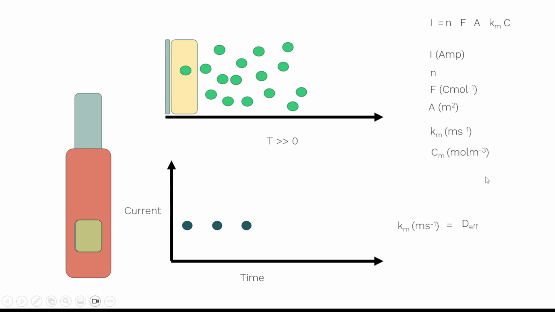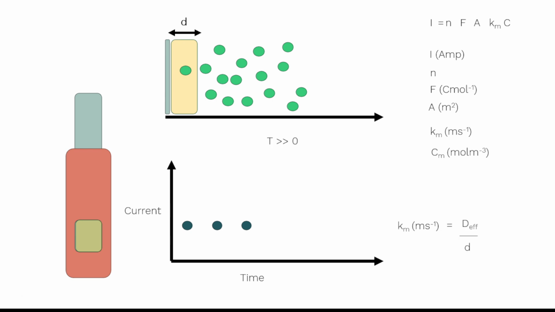It means the effective diffusion of my molecule through that membrane divided by the thickness of that membrane. So now you can understand you've got a handle on Km. D here is the thickness of the membrane. So if you make a membrane that's thin, Km is essentially bigger.